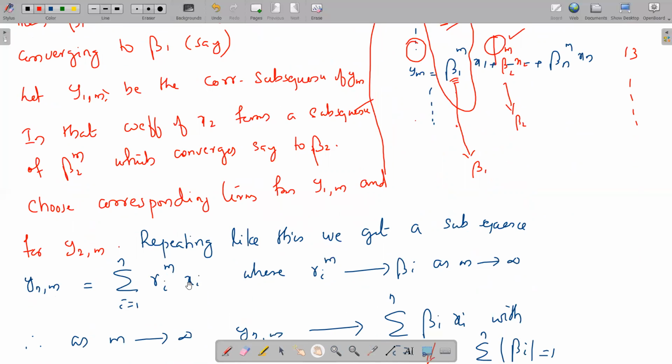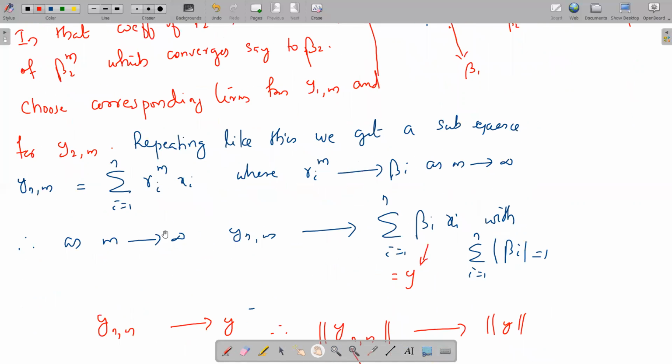Because the coefficients of x1 form a subsequence of beta 1m that converges to beta 1, coefficients of x2 form a subsequence of beta 2m that converges to beta 2, etc. So as m tends to infinity, this ynm tends to sigma i from 1 to n beta i xi.